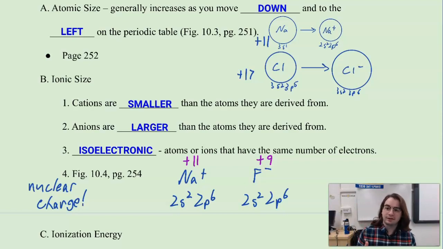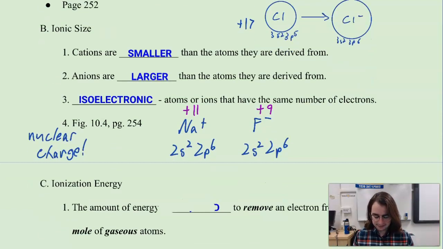Sodium has more. So between these two, sodium is smaller. Because they have the same number of electrons, but sodium has more protons to pull those electrons towards the middle. So when we're talking about things that are isoelectronic, we have to consider nuclear charge.